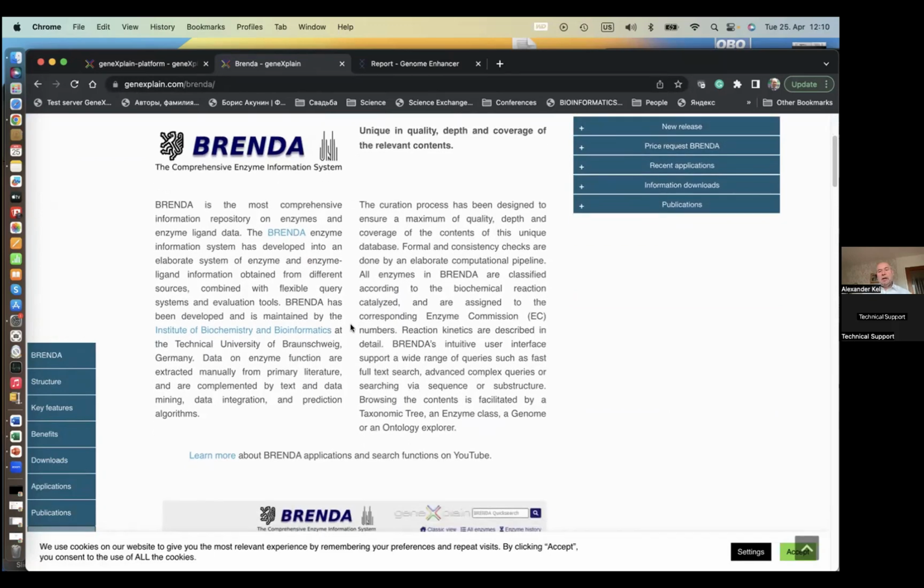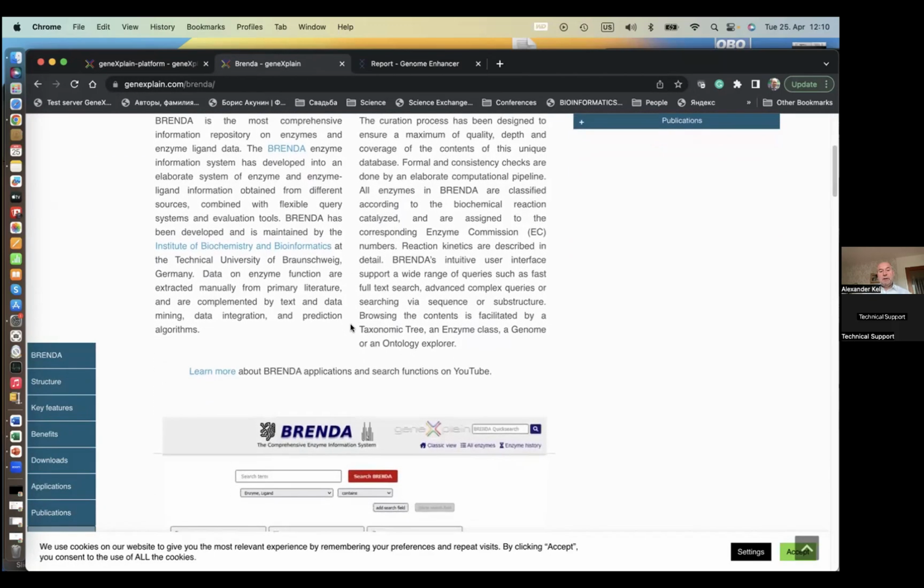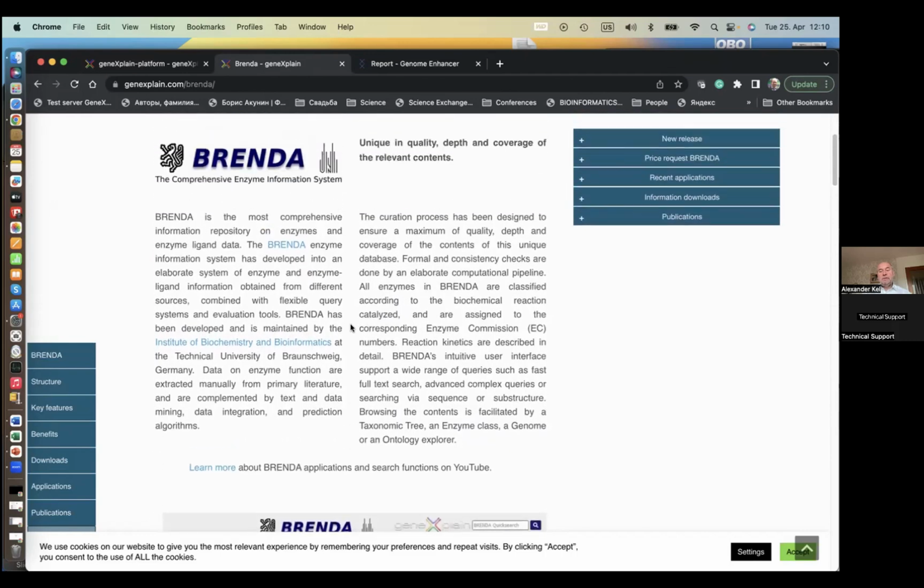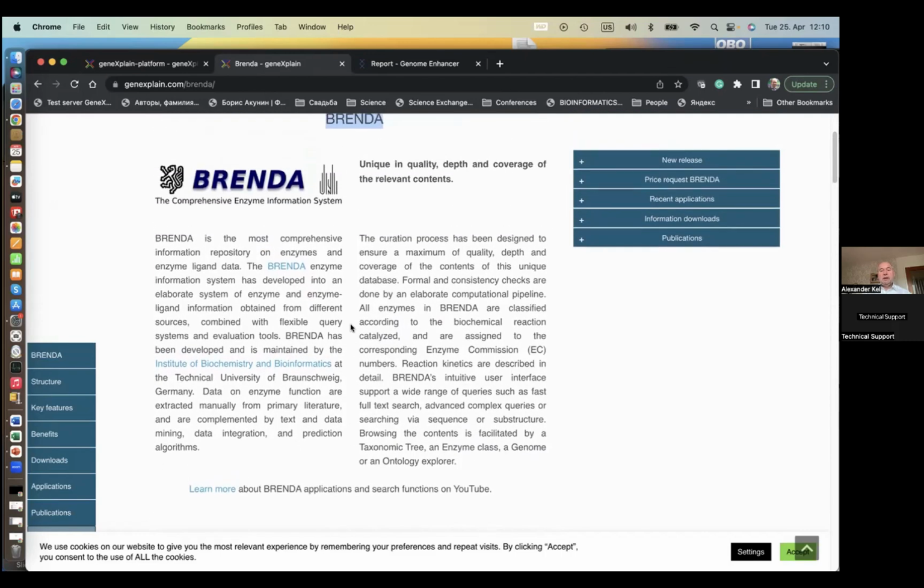It's a very important resource for those who are interested in metabolism, and not only human, mouse, or rat, it goes very much beyond that. It covers a lot of different bacteria, a lot of different enzymes in those bacteria, and what they are doing. A very interesting database.